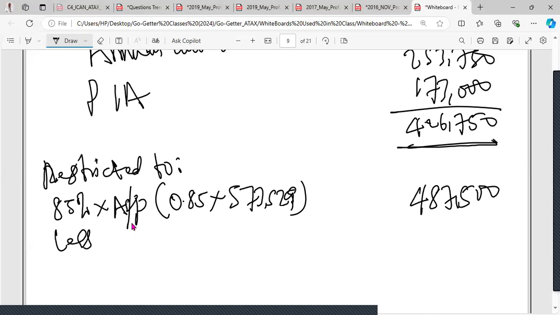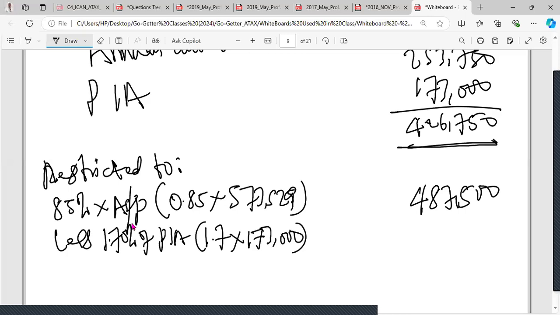Less 170% of PIA, which is 1.7 times 173,000.